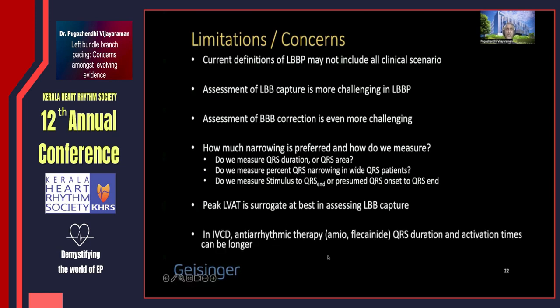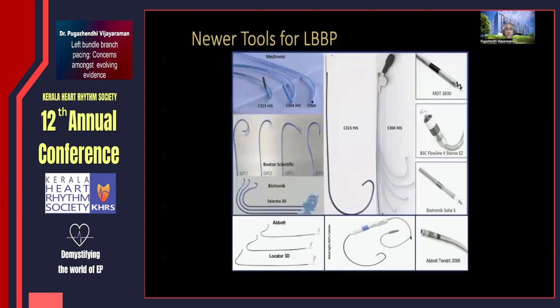And remember, in patients with IVCD, or those on class 1 drugs or amiodarone, the QRS duration and activation times can be longer, even with left bundle branch pacing. So traditional numbers may not work in your favor.